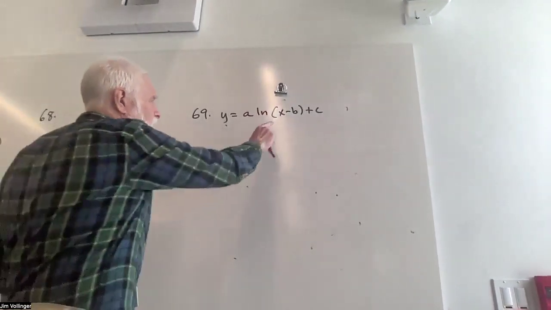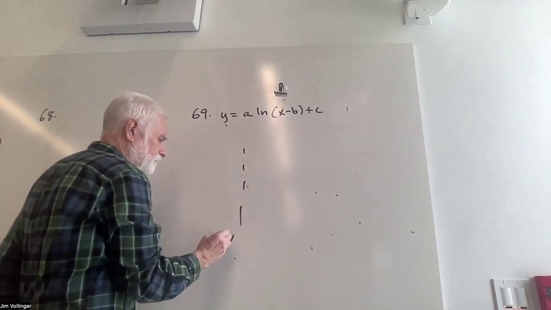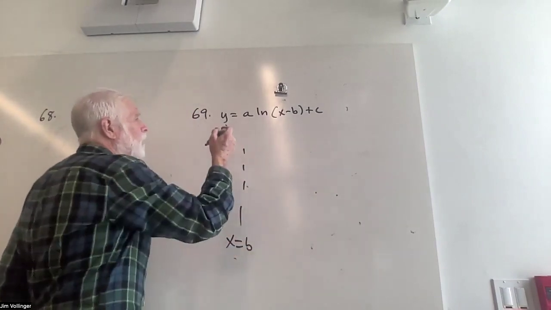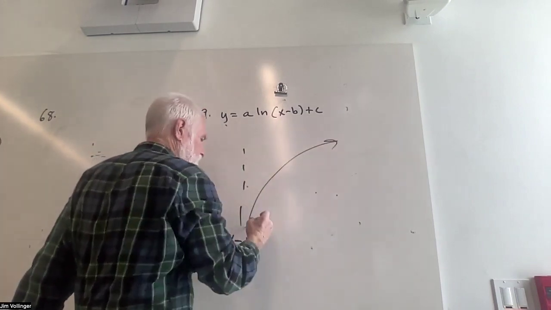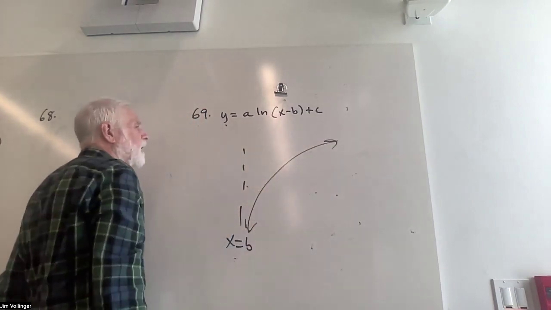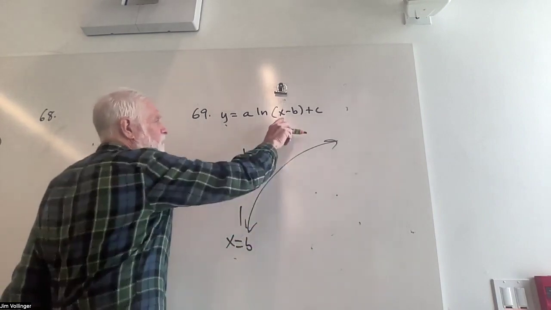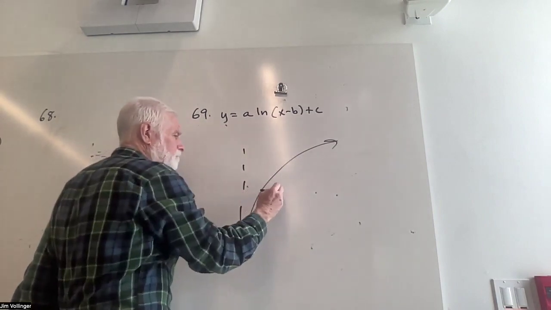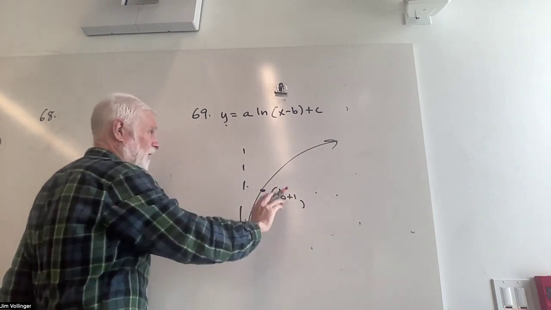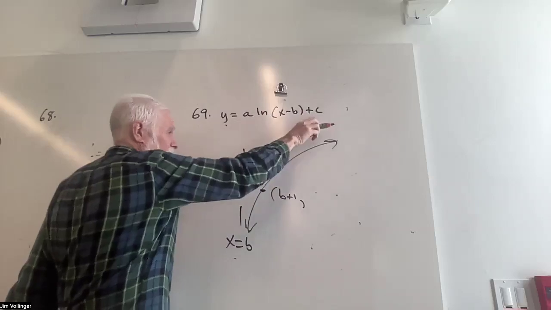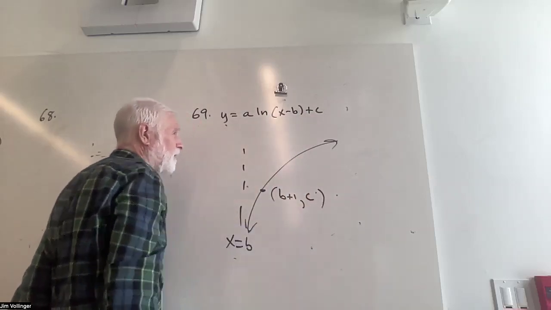All right, I see B. Ln, so that's base e, so it's the inverse of growth. I know that if I drop in something that makes a 1, B plus 1 unit to the right, I get the ln of 1, which is 0. So I'm going to get C. That happens every time.